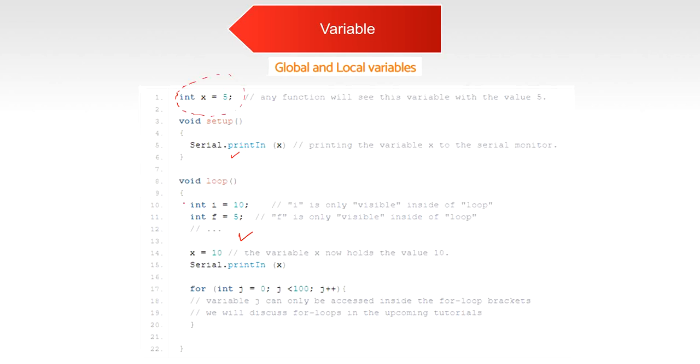If we define the variable inside the loop, then this type of variable, in this particular case the int, will only be recognized inside the void loop. So if we call that variable in the void setup, it won't recognize it. This is the concept of local. Local means that you define it inside the loop or inside a function, so only that particular function will recognize it.